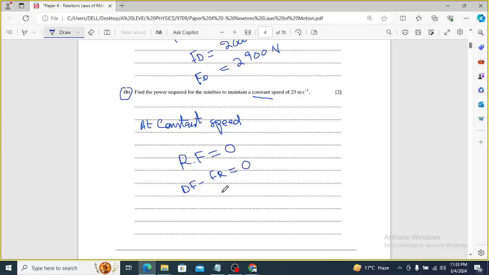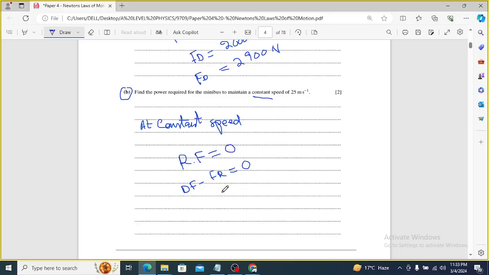Now the speed is constant. We can say the driving force, I usually write the driving force with Fd, would be equal to the resistive force. Whatever the resistive force is, that is 900.